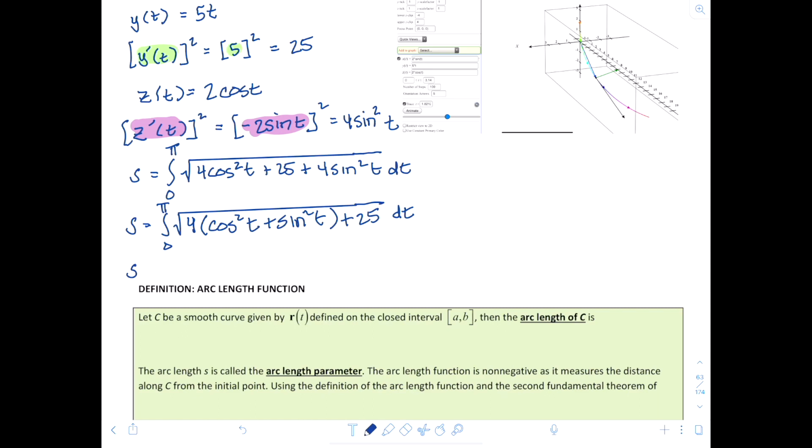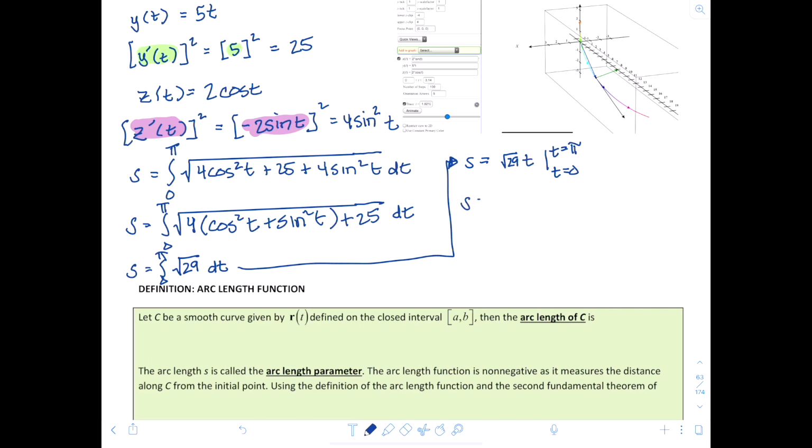So we'll get s is equal to the integral from 0 to pi. Cosine squared t plus sine squared t is just 1, right? So won't I just get 4 times 1 plus 25 under that radical? You got it. So we'll have root 29, with respect to t in the integrand there. So now, so easy it's hard, s will be equal to root 29 t evaluated from t equals 0 to t equals pi.